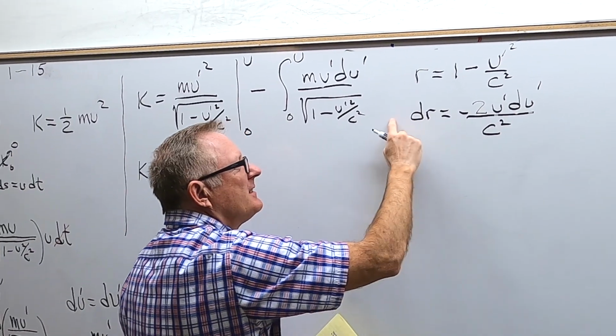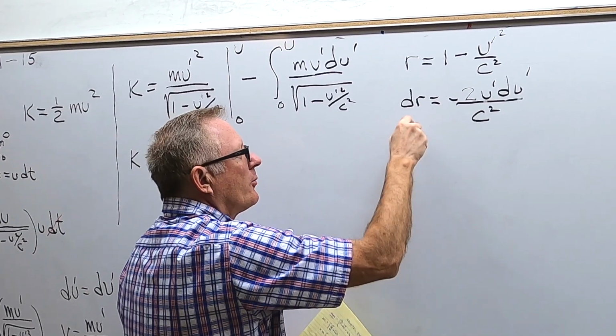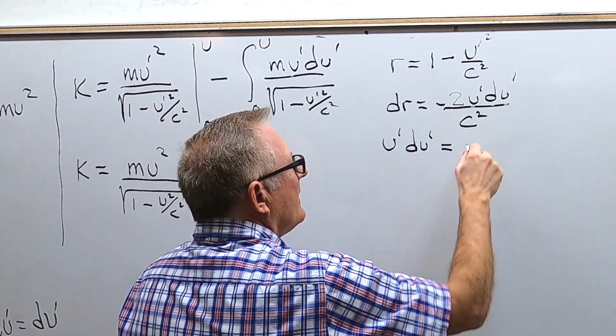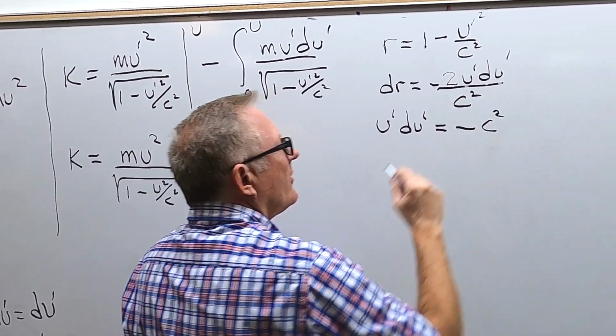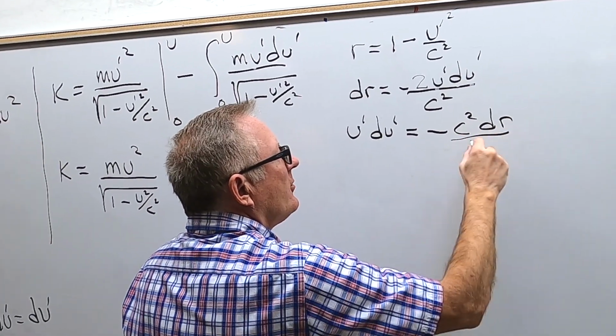So we'll bring over the c squared and we'll bring down the minus 2. So we got u prime du prime is equal to, it's going to be a minus. We're bringing the minus over, we're bringing the c squared over, we're bringing the dr over, and we're bringing the 2 down below.